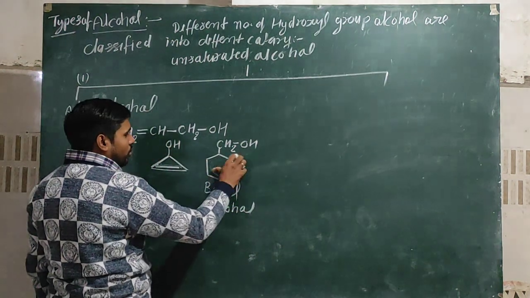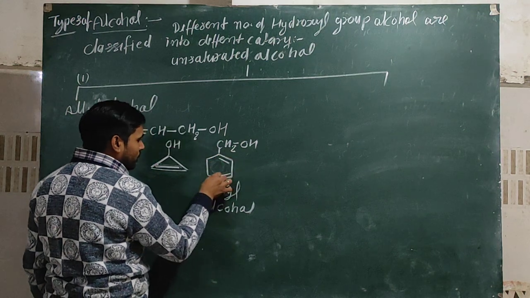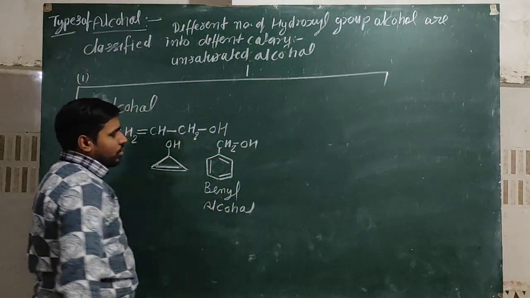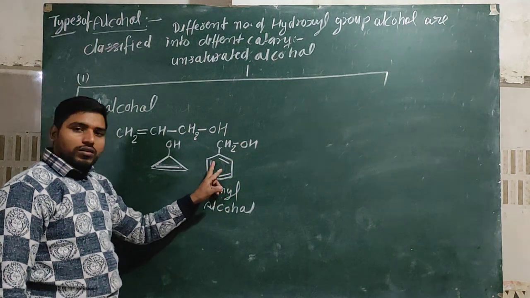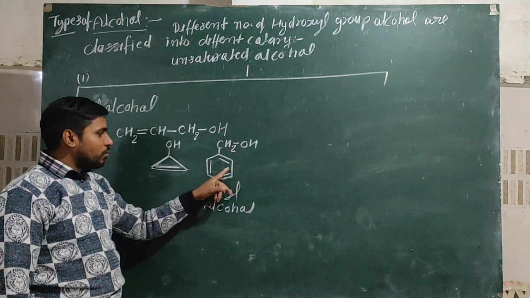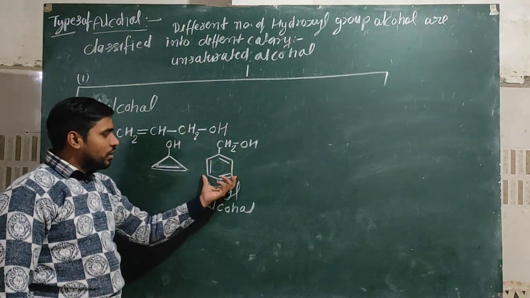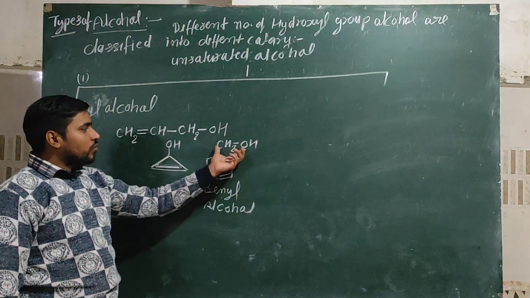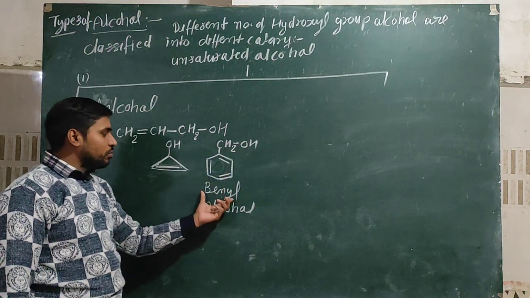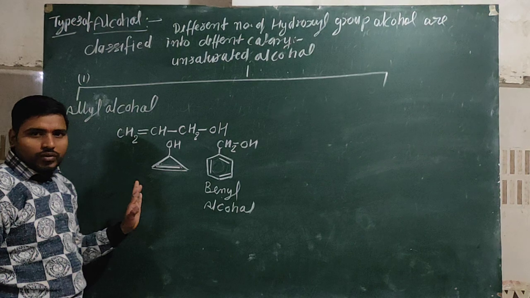Actually, it is the pi bonds which are present in such a way that carbon-carbon single and double bonds alternate. Double bond, single bond, double, single bond are present, and this is the benzene. When the benzene ring is directly attached to the alcohol carbon, then it is known as benzyl alcohol. It is an example of benzylic alcohol.